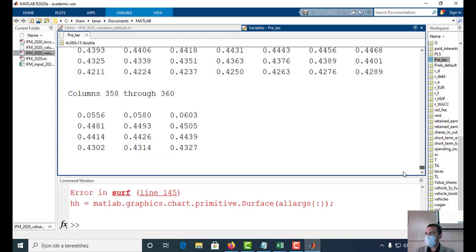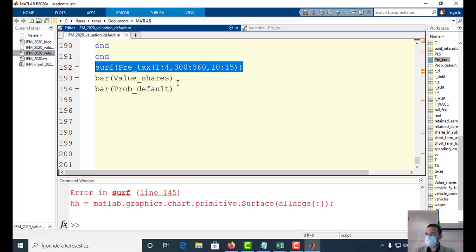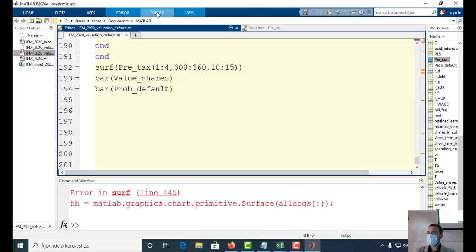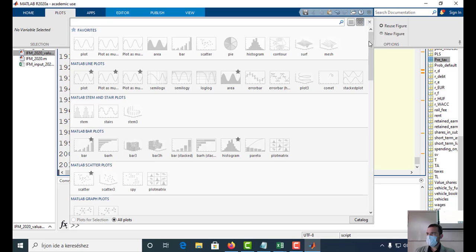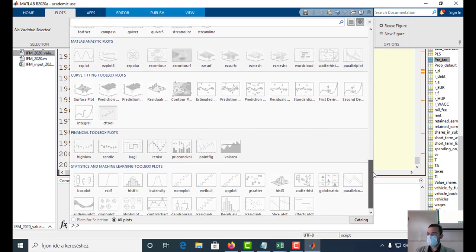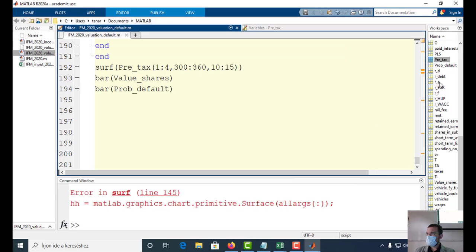Data is there, so it's not empty. But why?